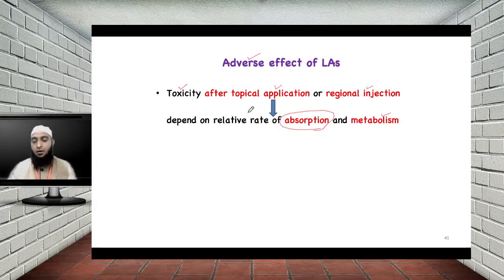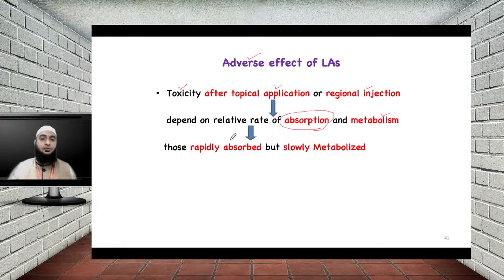But in the case of highly lipidic drugs that are rapidly absorbed and slowly metabolized, such drugs are more toxic and have the ability to produce more adverse effects or toxicity.